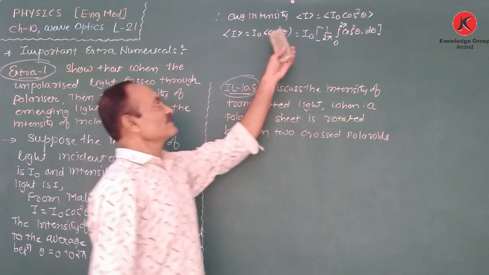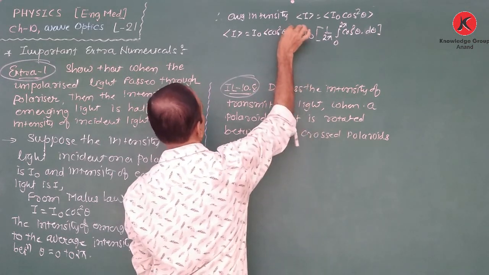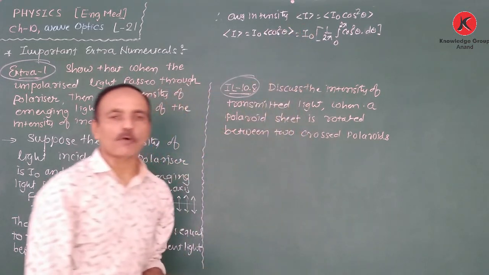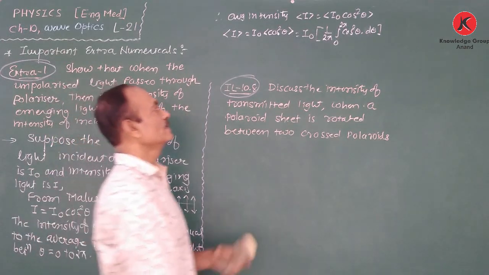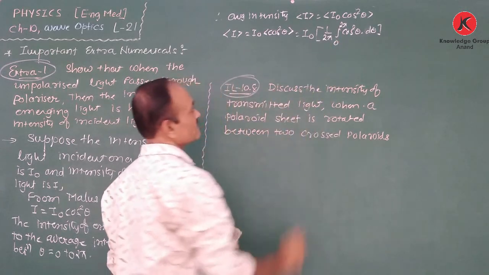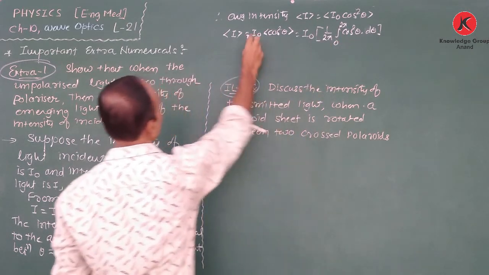That is the standard equation. We learned it in AC circuits to find the average value of electric current. Now listen here: cos square theta is 1 plus cos 2 theta by 2.